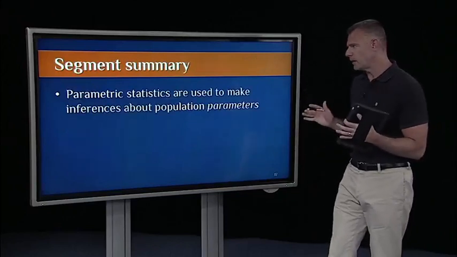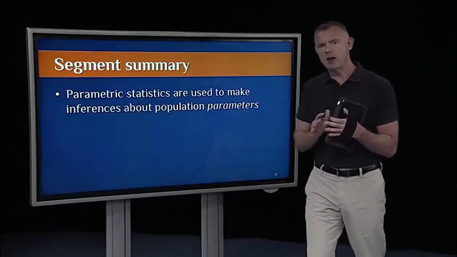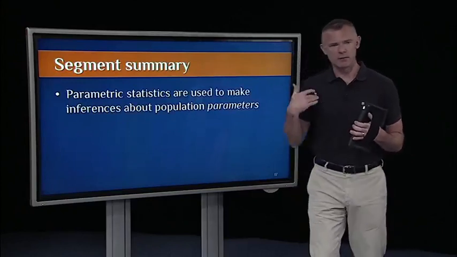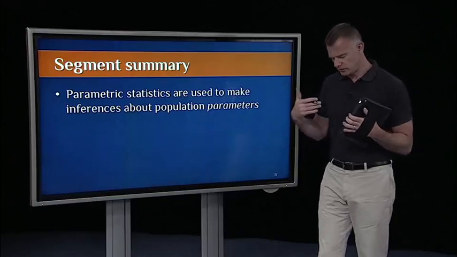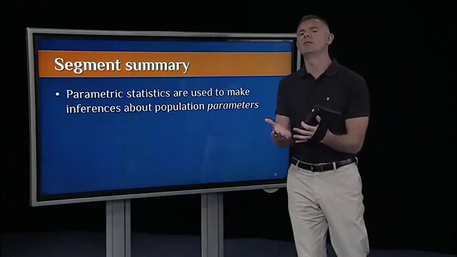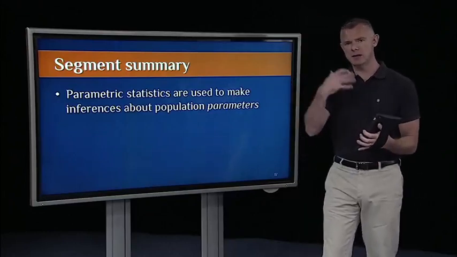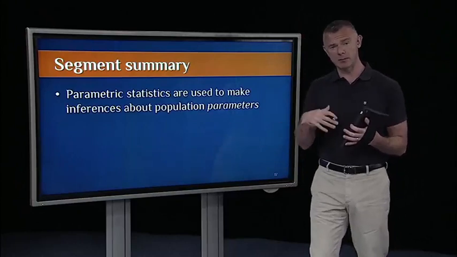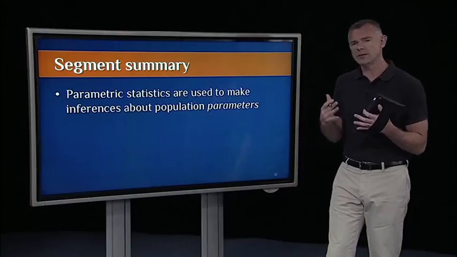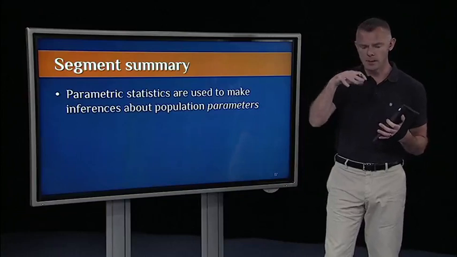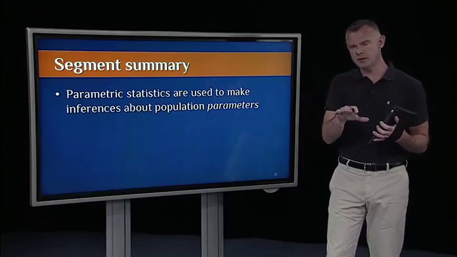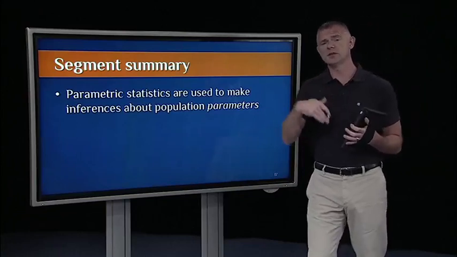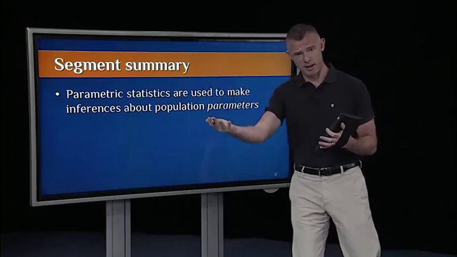So to wrap up this segment, we've been doing parametric statistics all along. I haven't really been using that phrase because I just made that assumption at the beginning of the course that we were taking random and representative samples from populations for that explicit reason that we wanted to calculate statistics on those samples in order to make inferences about the population parameters.